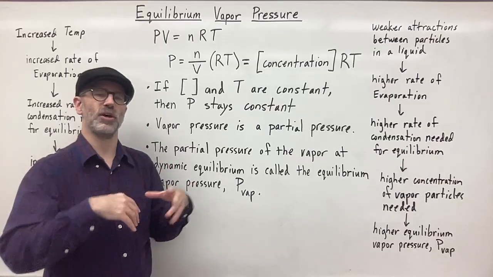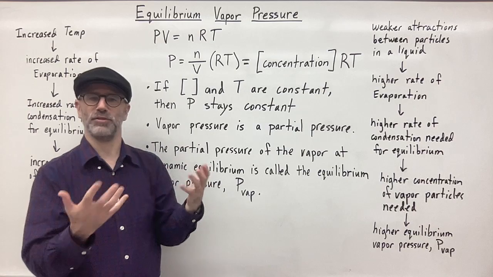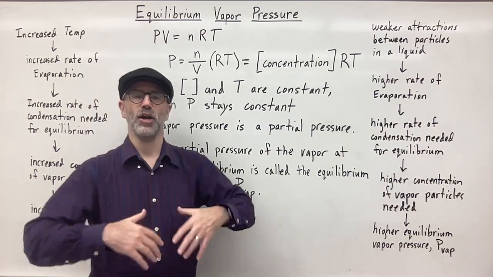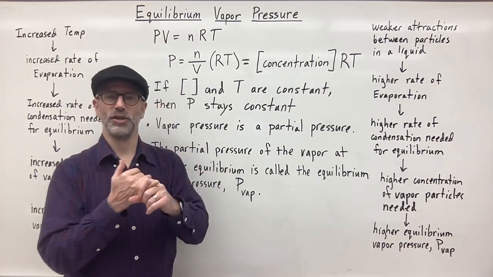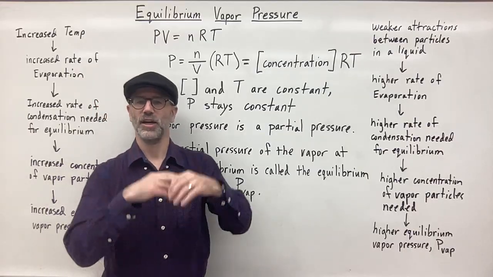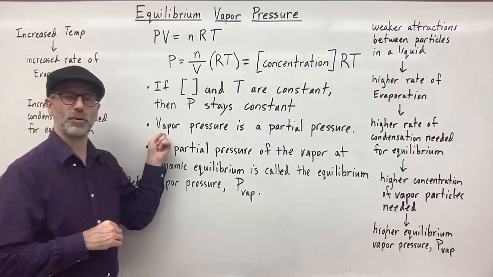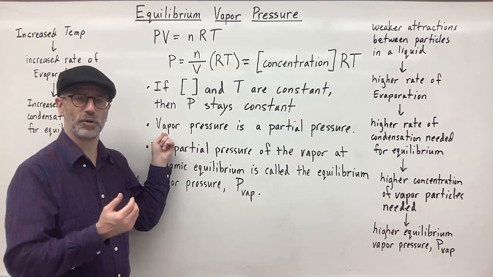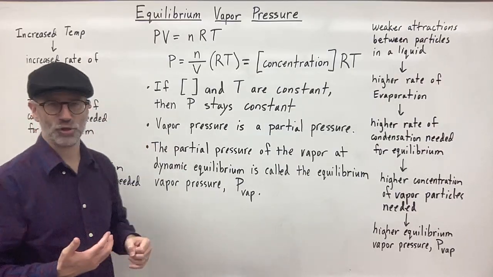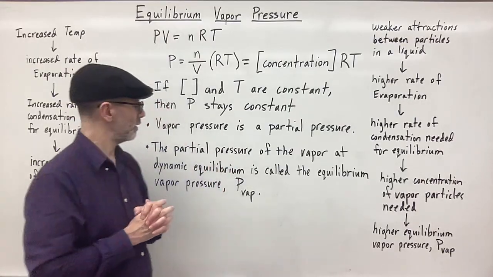So when you put the water in the container and you closed it, you had air above the surface of the water. So you've got oxygen, you've got nitrogen, you've got carbon dioxide, you've got other things, right? So that means that the vapor pressure due to the vapor is only a partial pressure. It's not the total pressure in the flask, okay?